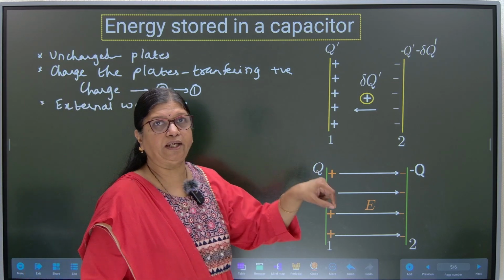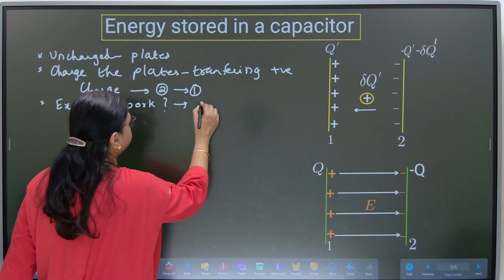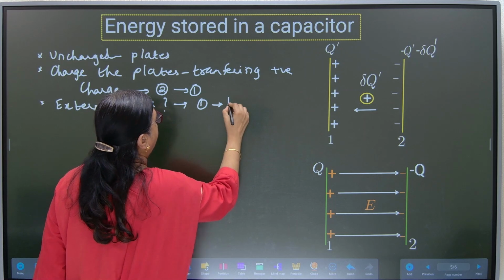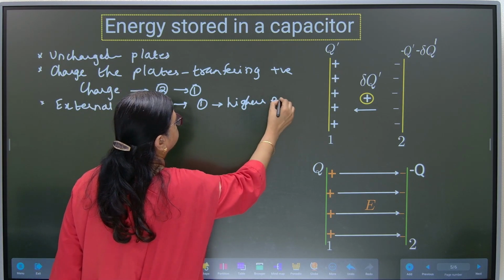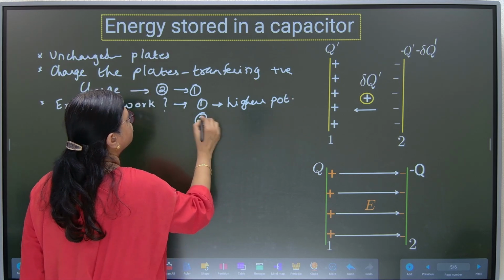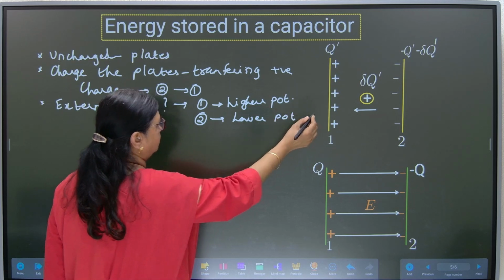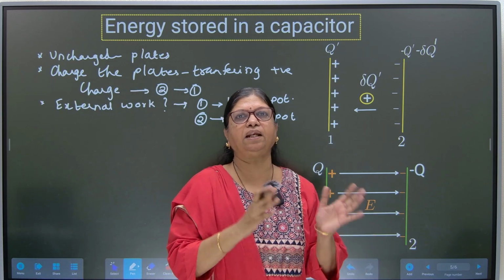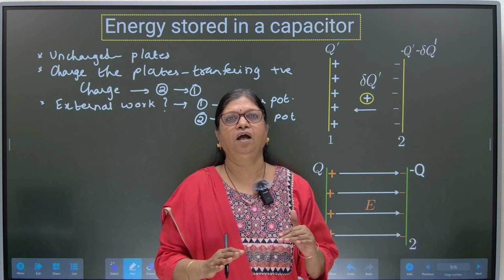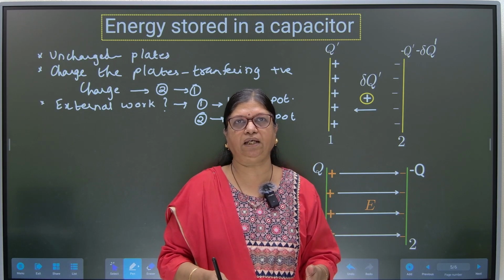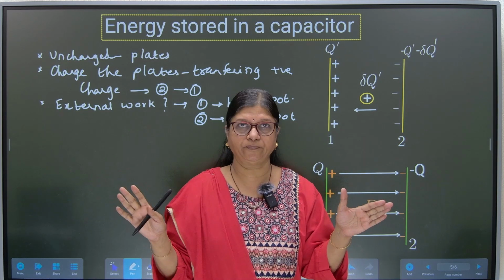Because at any point of this charging process, the plate 1 will be at higher potential compared to the plate 2 at lower potential, as can be seen. Positive means higher potential, negative means lower potential. So at any stage of charging, the plate 1 will be at a higher potential compared to the plate 2.